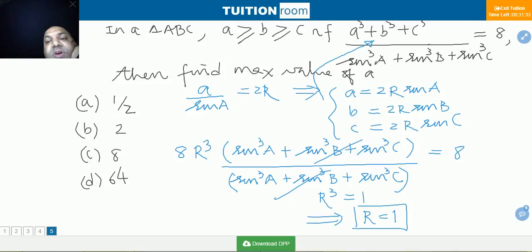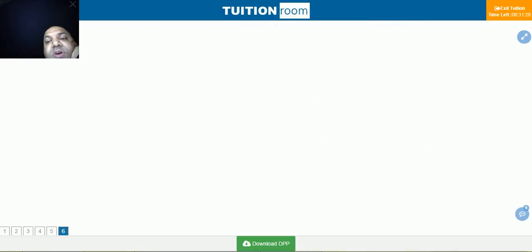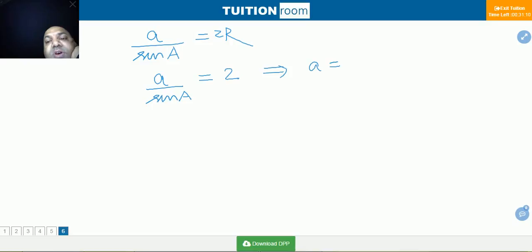Now we have a upon sine A is equal to 2r. We have got r is 1, so now it will be 2, then a will be equal to 2r sine A. Sorry.